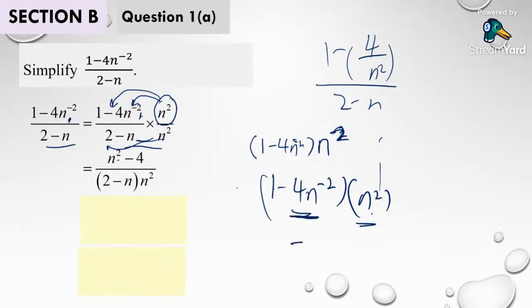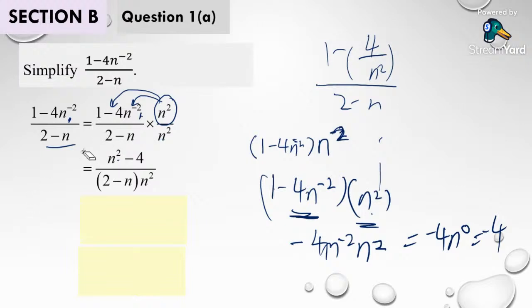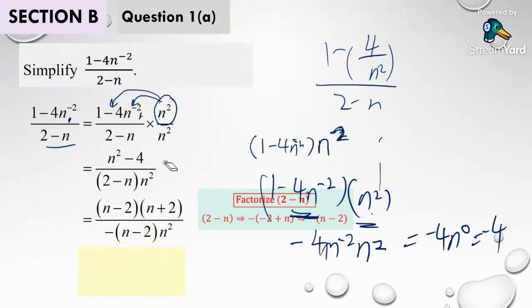Then this part here, 4n to the power of minus 2 multiply n squared is actually equal to minus 4n to the power of 0, which is minus 4 itself only. So this is how I get my result there. Then further, this can be further simplified if you realize the quadratic here, I can factorize to become n minus 2, n plus 2.